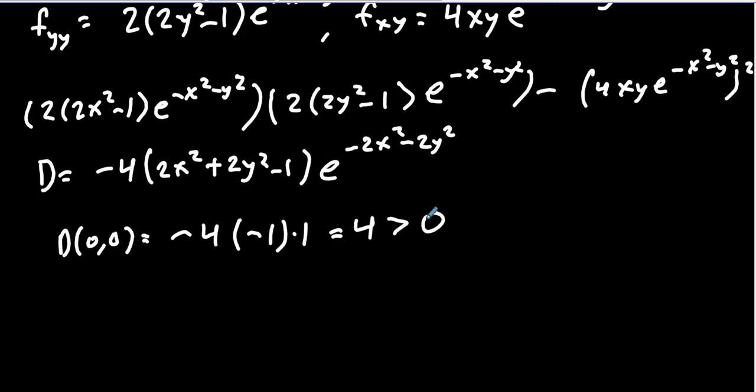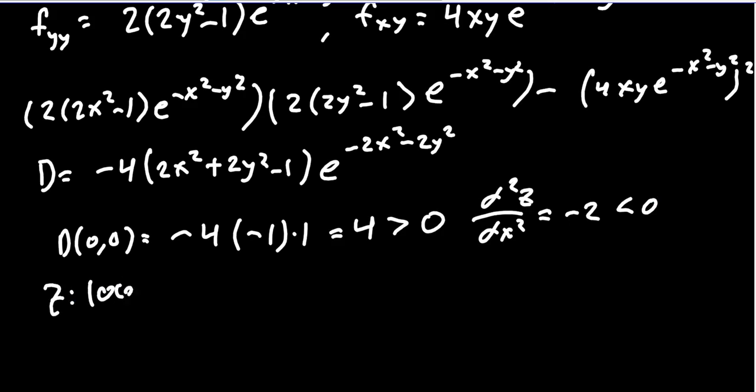And if we use the second partial derivative with respect to x, and we also plug in our point, then we get that the partial of z with respect to x squared is equal to negative 2. This is less than 0. So what this says is z essentially has a local maximum at (0, 0).